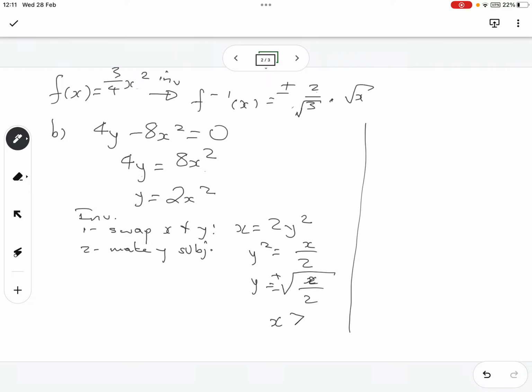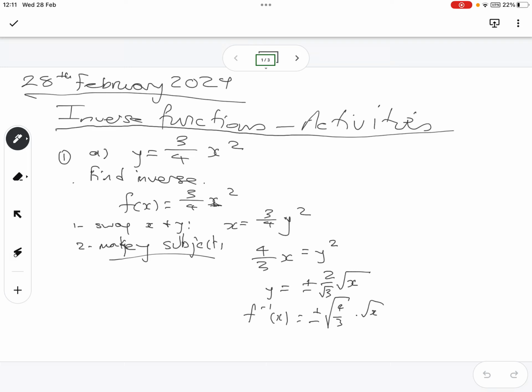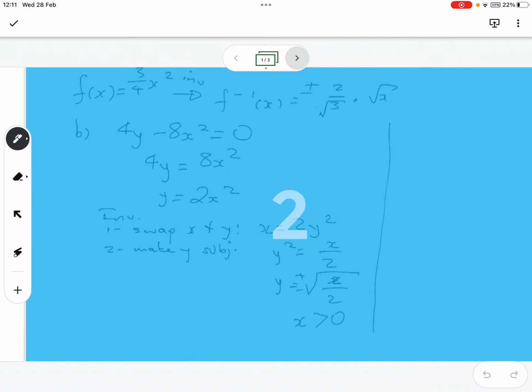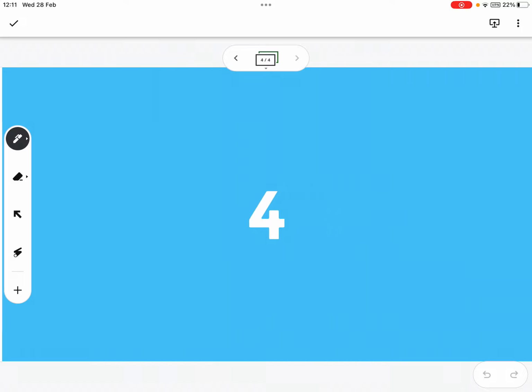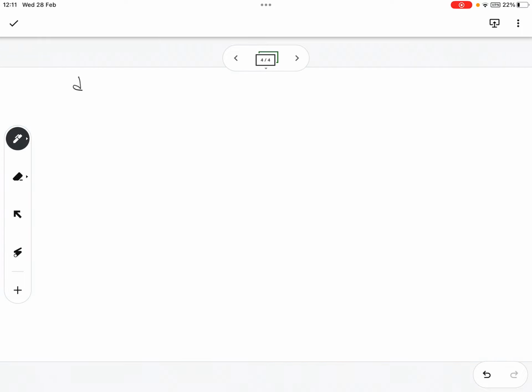Here x is positive, and here x is positive as well. x is also positive. So we should always have those terms and conditions stipulated.